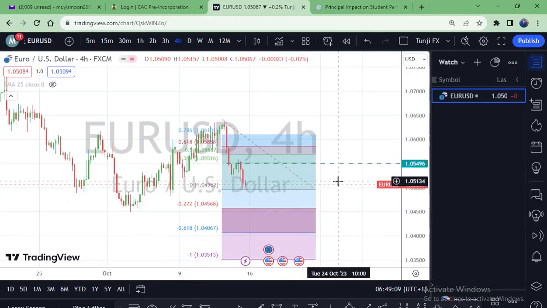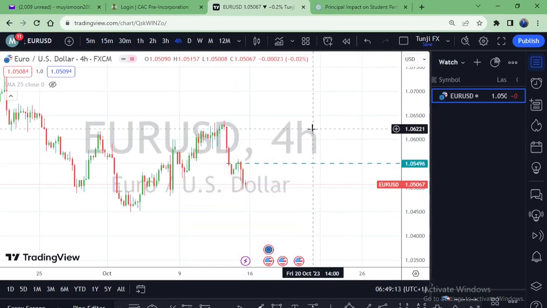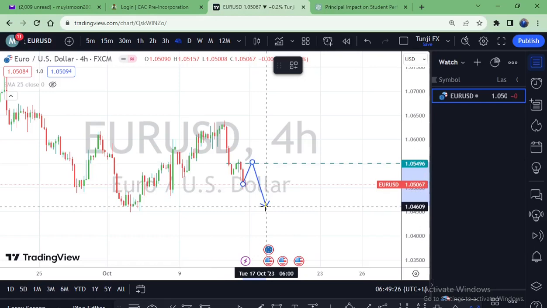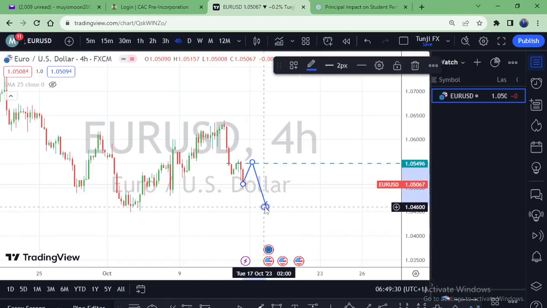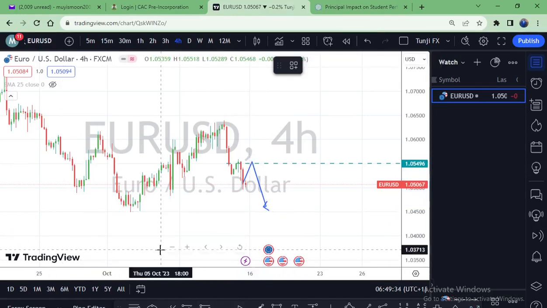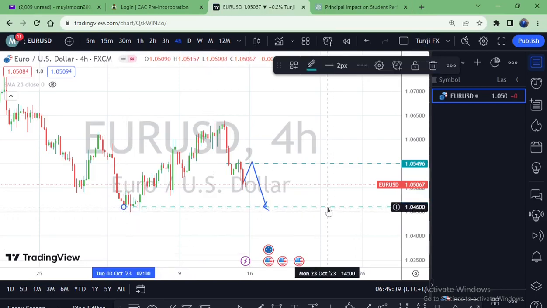If the market can give us a retracement back to this area, that's what we'll be looking at going into. You can see a pullback to this area, then take it down. This area will be our TP1.